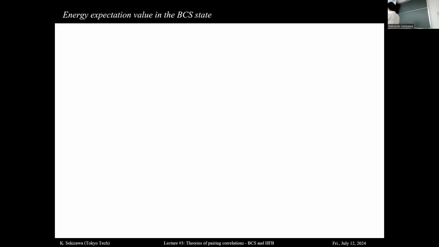So far I have explained the properties of the BCS wave function. One property is the normalization condition, and the other is the meaning of vk square and its contribution to the particle number dispersion. And now you can calculate the energy expectation value in a similar way.